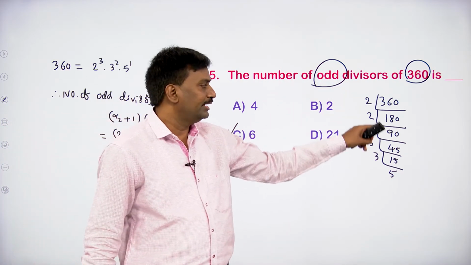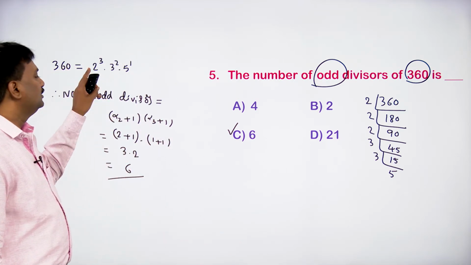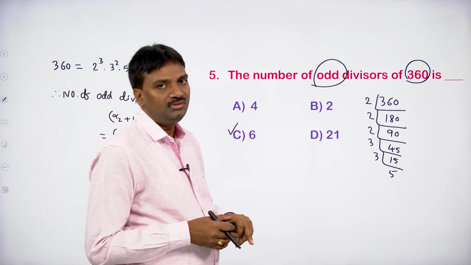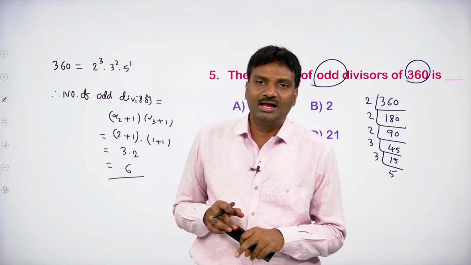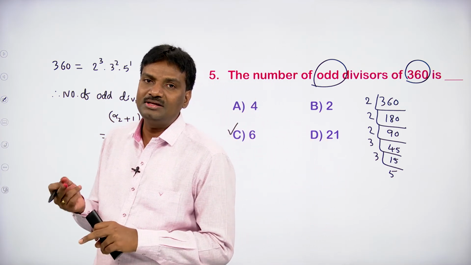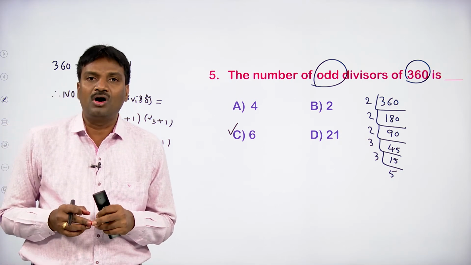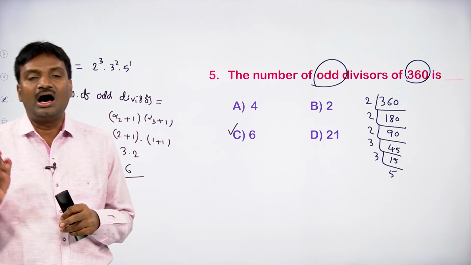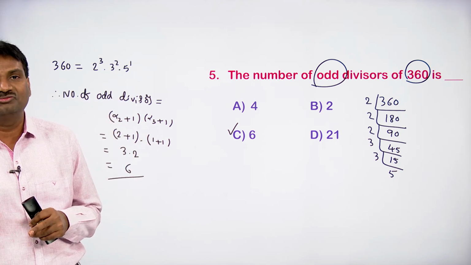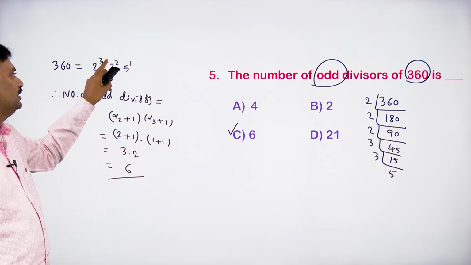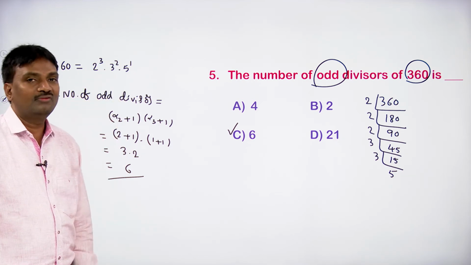So we have to find the number of odd divisors of the number 360. We can express 360 as 2 cube into 3 square into 5 power 1. If n equals p1 power alpha 1 into p2 power alpha 2 into p3 power alpha 3 and so on, then the number of odd divisors of n is alpha 2 plus 1 into alpha 3 plus 1 and so on. Here alpha 1 equal to 3, alpha 2 equal to 2 and alpha 3 equal to 1.